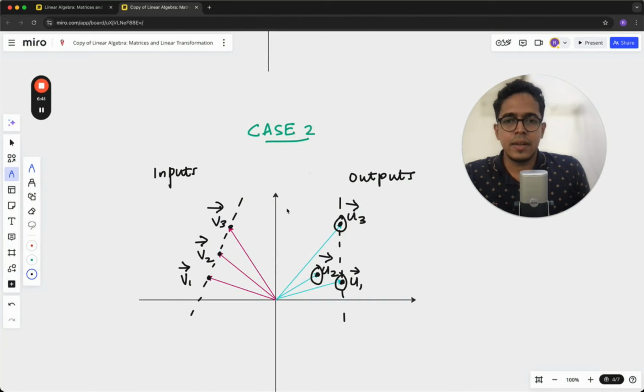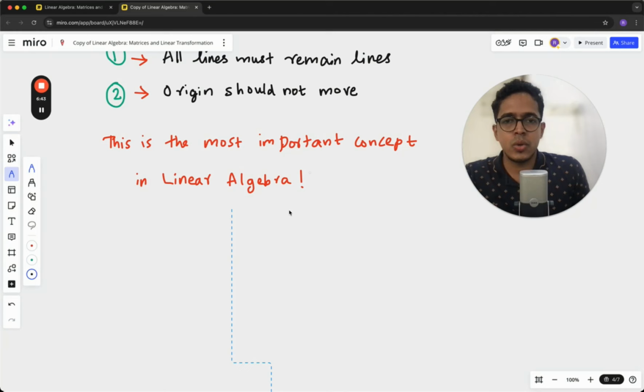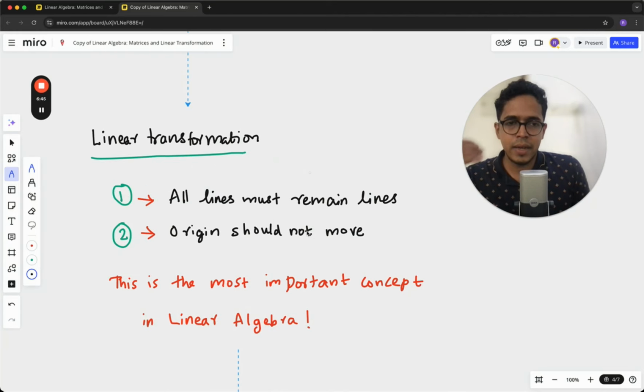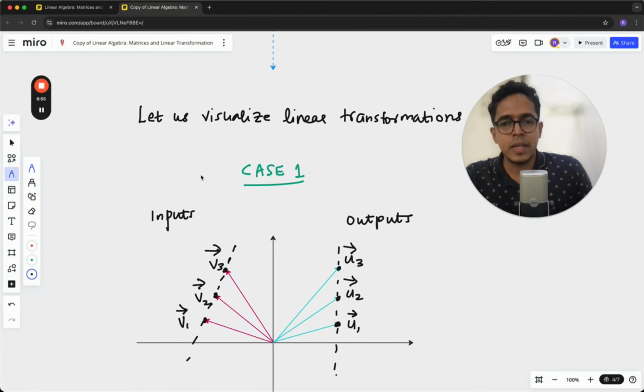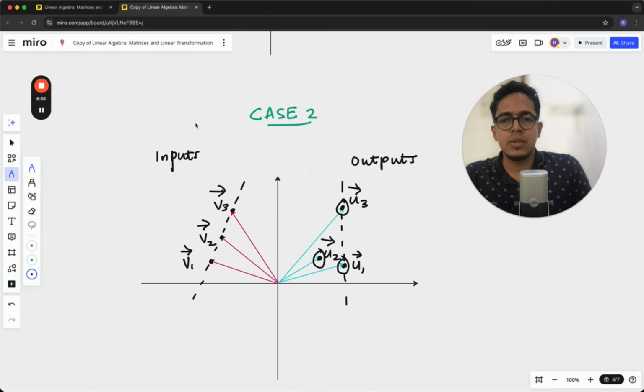So here in the linear transformation, among the 2 conditions, the second condition was satisfied in this case 2. But the first condition, all lines must remain lines, was not satisfied. So this is not a linear transformation example in case 2. Case 1 was a linear transformation, but case 2 is not a linear transformation.